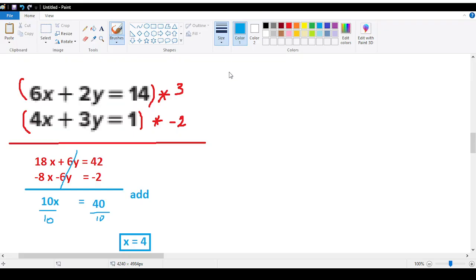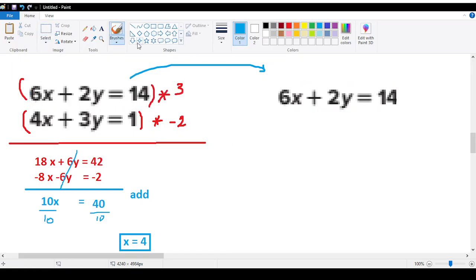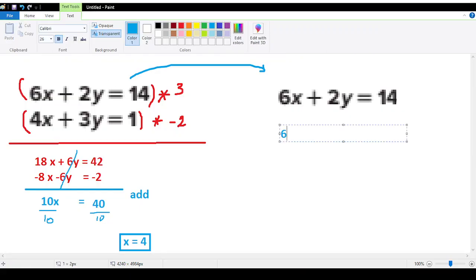Now we found the value of x. Now we will find the value of whom? y. Good. Yalla, copy this and paste this. I will replace x with 4. So I will say 6 times (4) plus 2y equals 14. 6 times 4, how much? 24.